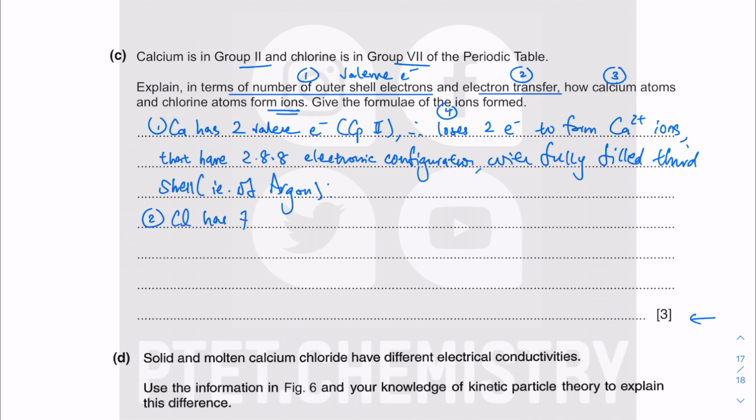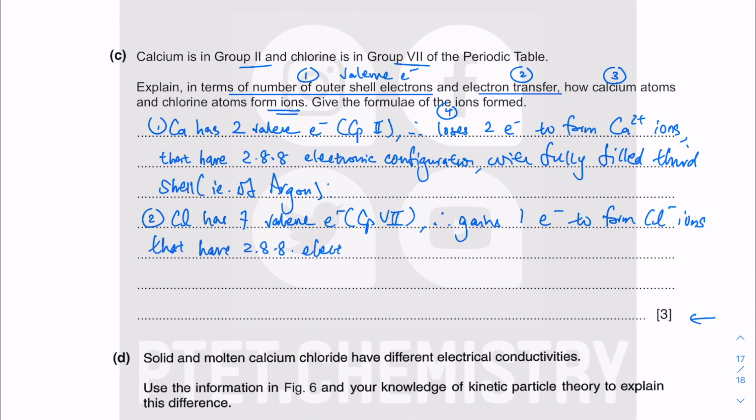Okay, now how about the chlorine? Chlorine has 7 valence electrons, group 7, not group 8, group 7. Therefore gains 1 electron to form Cl- ions that have 2.8.8 electronic configuration. So you do not need to write exactly the same way as I've written, but you have to have all the information, with fully filled third shell again.